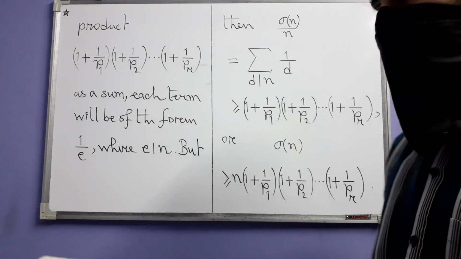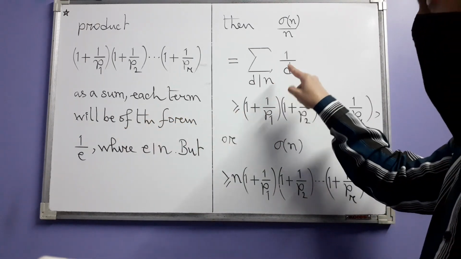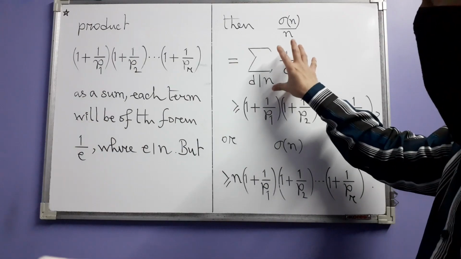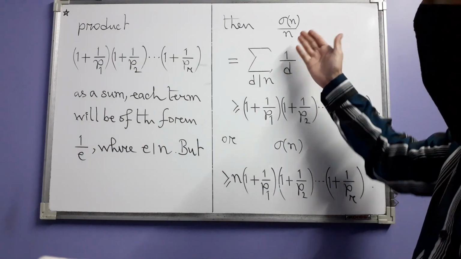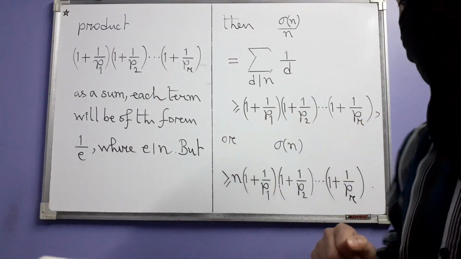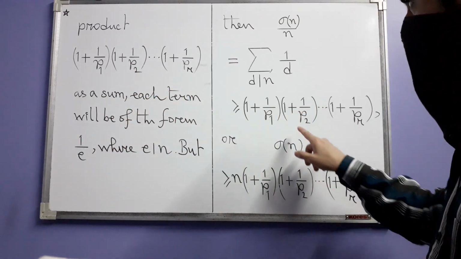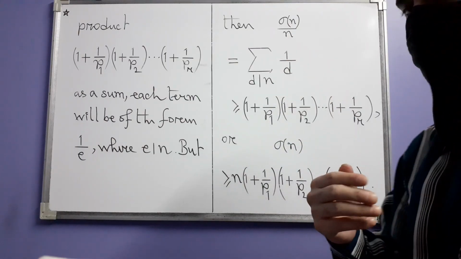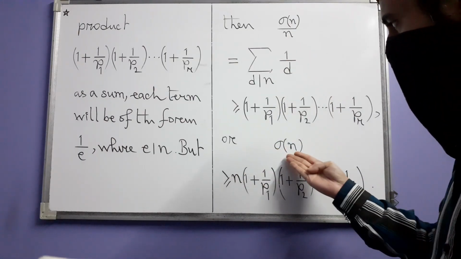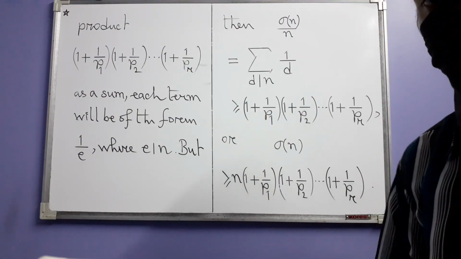So this just means that each term in that sum is present here in this sum, and that is why this sum, which we know is sigma of n divided by n, is greater than or equal to this product or that sum. This product after all is a sum. In other words, if you multiply both sides by n, you get this inequality: sigma of n is greater than or equal to n times this.